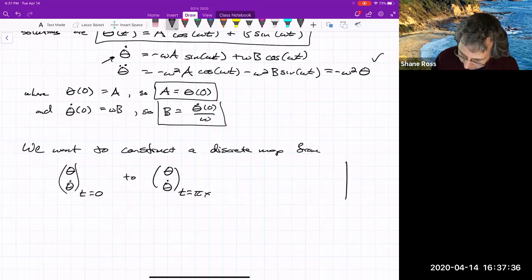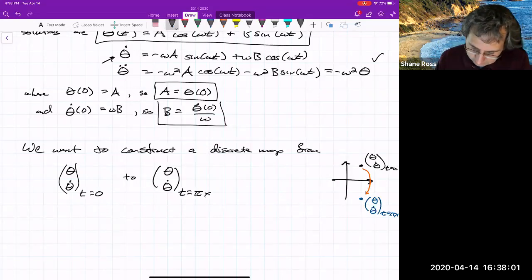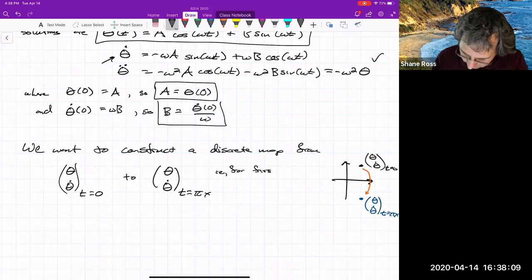So this would be telling us, imagine it on the phase plane. So here is theta dot at time equals 0. Well, this is going to map to some other point, theta dot, after half a forcing cycle. So that's the first interval, for the first half of the forcing cycle.